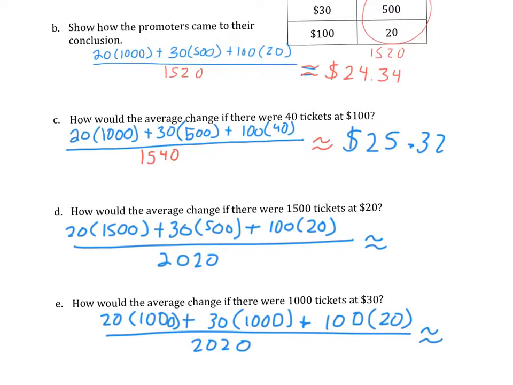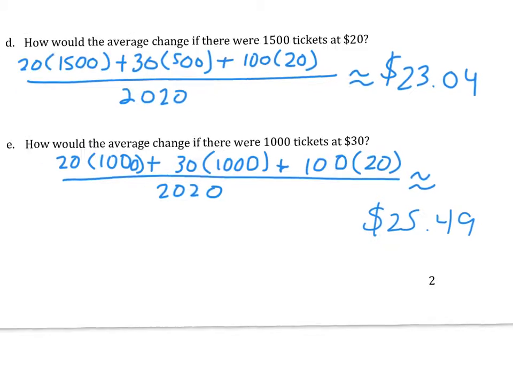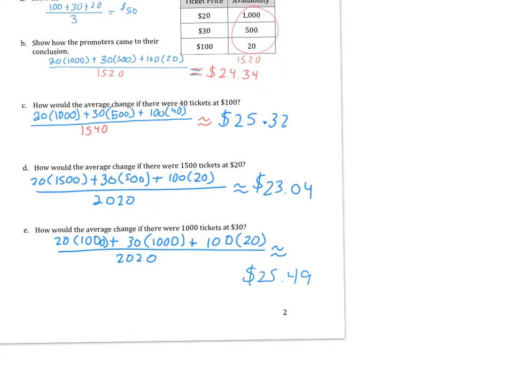And our end result is approximately $23 and 4 cents. Now lastly, again, all that changes here. We reset this one to 1,000, and this one doubles. So we're going to see what happens there. $25.49.